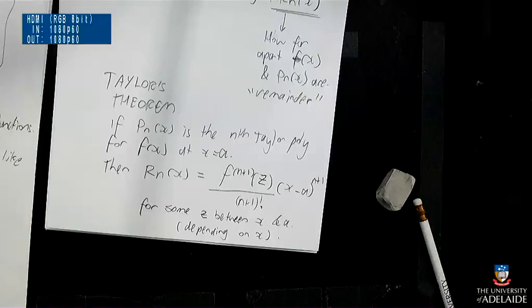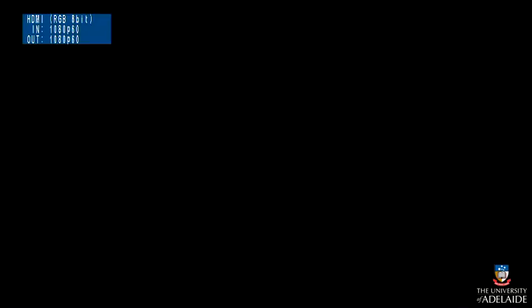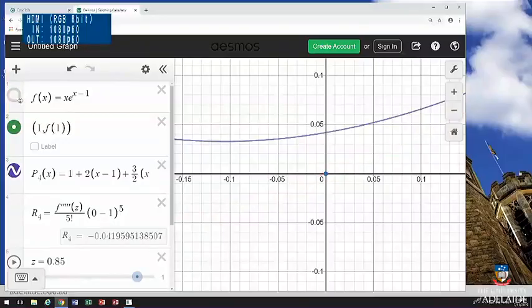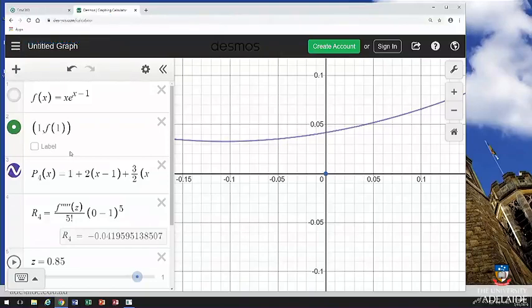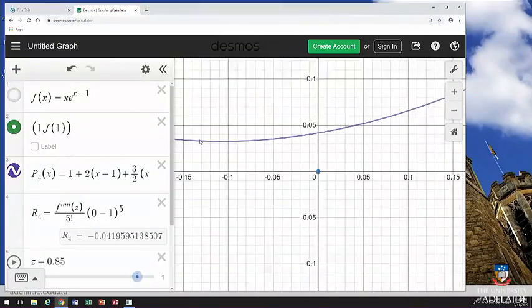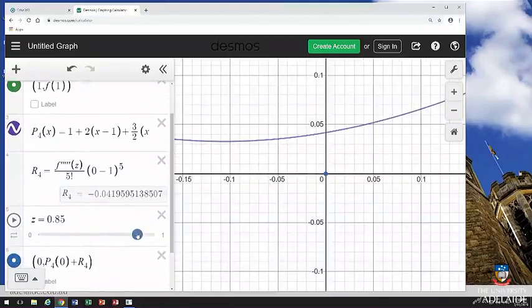So if I didn't know where the real function actually was, because imagine I'm in 1700 and I haven't got a machine or a calculator to do this stuff for me, I know x e to the x minus 1. I can theoretically calculate its derivatives, but I can't calculate exactly what some of these things are. If I was trying to figure out what the actual answer was, this is telling me that it's somewhere between here and here.